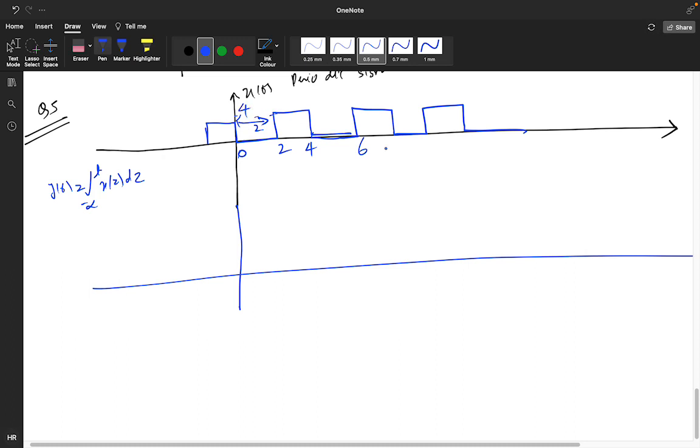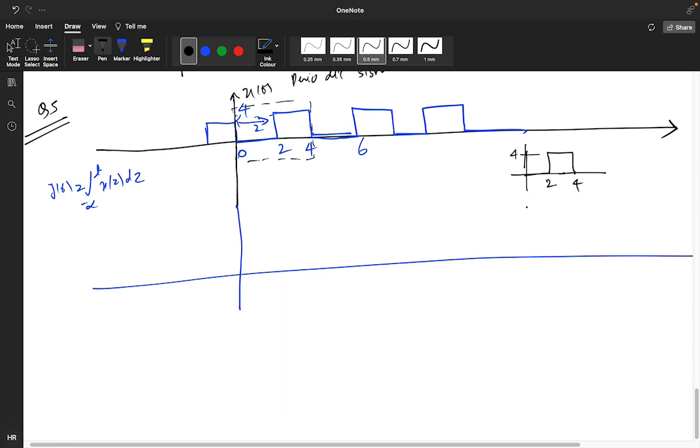So take one particular section. If you take one section like this, this is 2, this is 4, and this is 4.